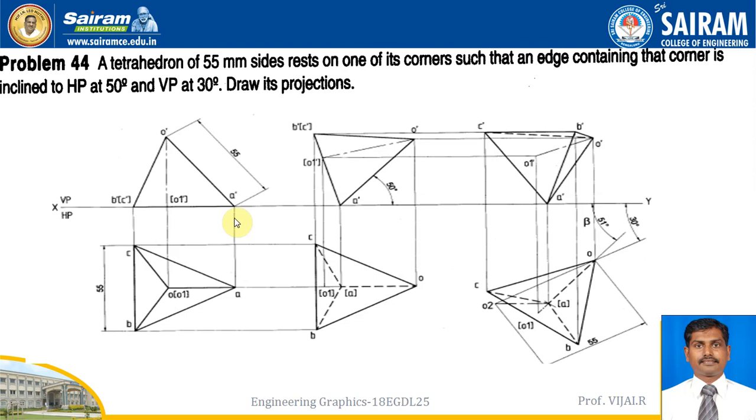Now once you draw the bottom line, that is the baseline, from here I projected this, from here I projected this, so I come to know only this line. For the remaining things, do not go for a 55 mm axis height directly. Don't draw a 55 axis, the axis is not given. The side of this tetrahedron is 55.